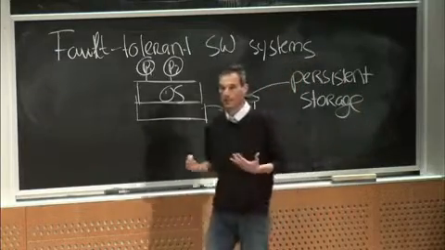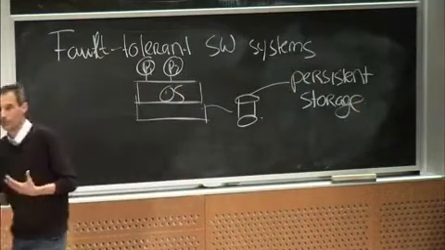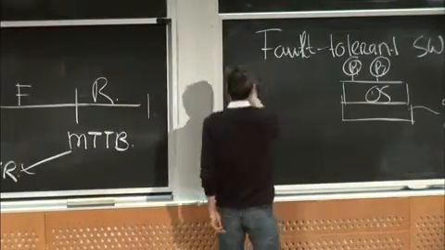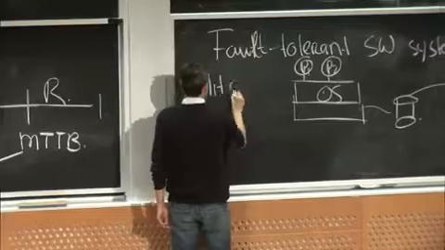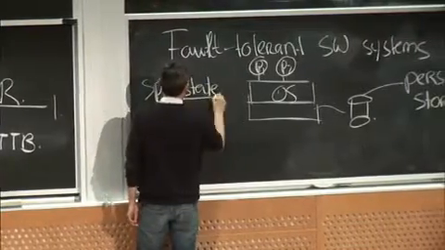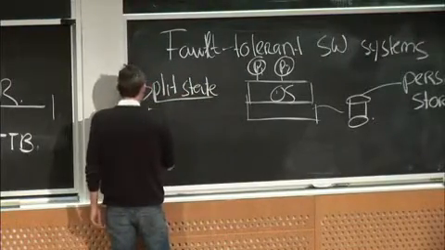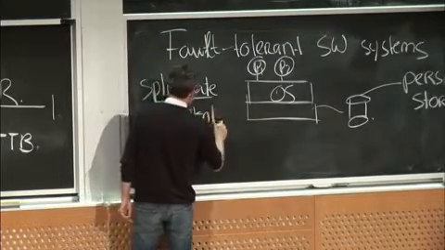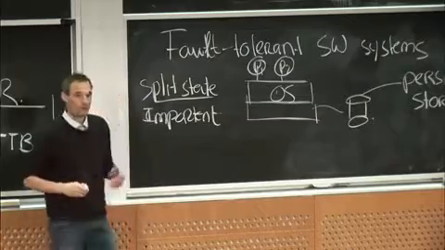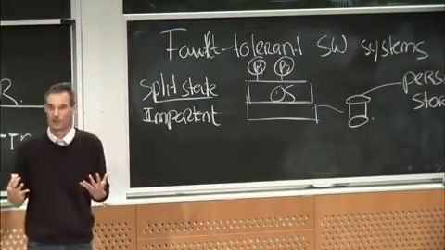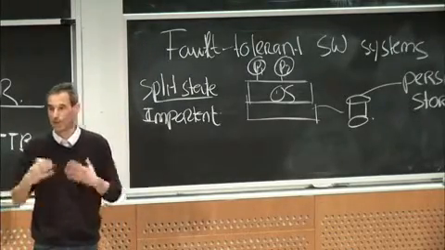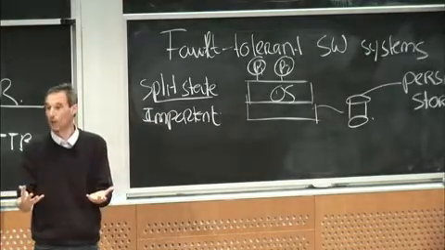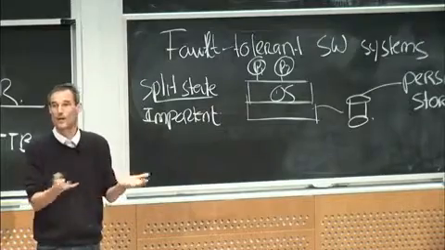The typical way you build a fault-tolerant software system is to say, well, I've got two pieces of state, so split all the state into one that is the crucial or important state. Of course, what you want to do with the important state is store it on disk. So if the machine fails, you can come back up, look at your disk and say, okay, there's my state, and I can recover from that state. That's why we store the file system on the disk, right?